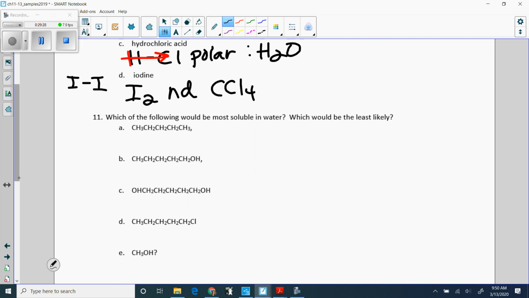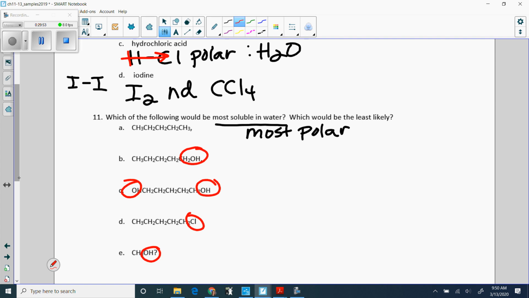Okay, let's look at big organic guys, though. Which would be most soluble in water? That means the most polar, the most sticky spots, the most dipoles. So things I'm looking for: oh, I see a hydroxide. Oh, I see 2 hydroxides. Oh, I see a chlorine. Oh, I see a hydroxide.